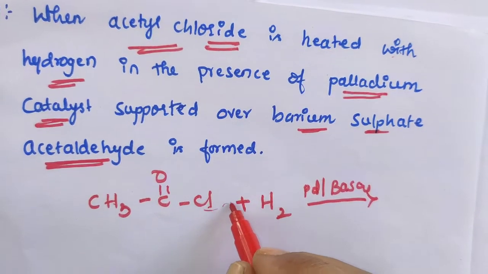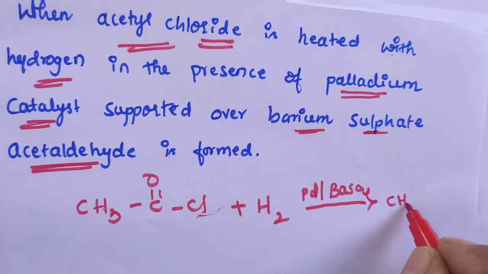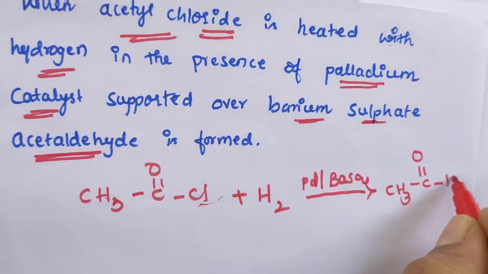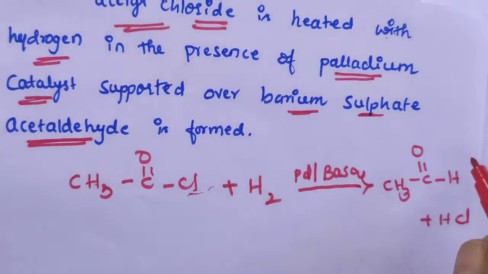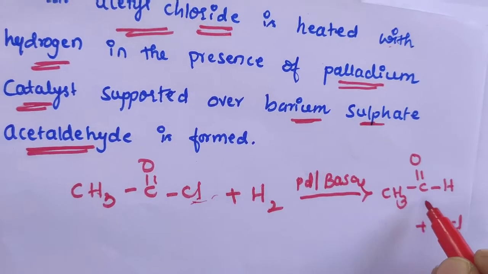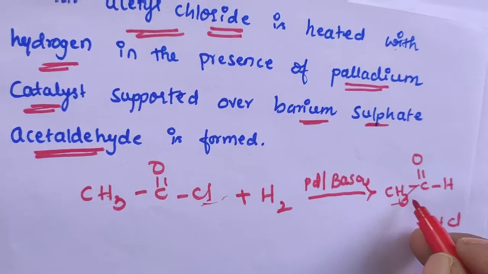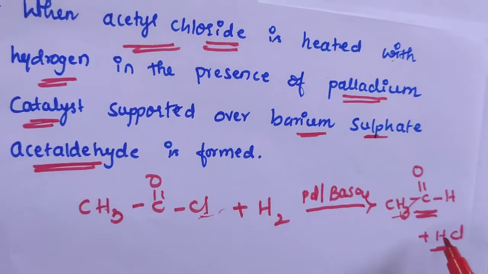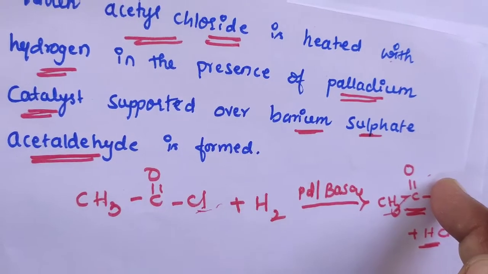In the Cl place there is a substitution of H. So the product is CH3CHO, releasing HCl. This product is called acetaldehyde. With elimination of HCl, we have finally obtained an aldehyde as the product.